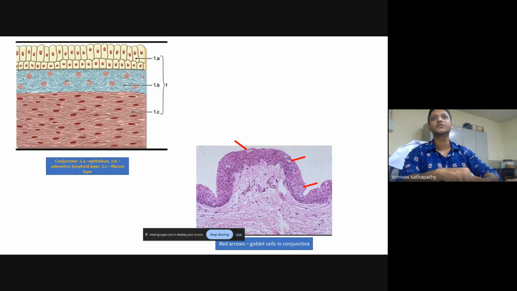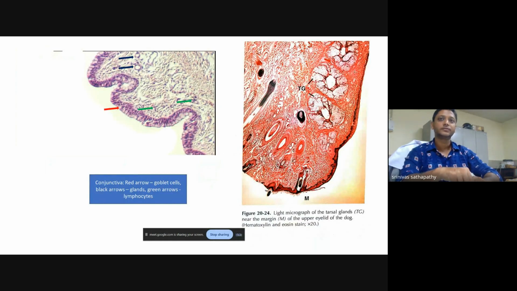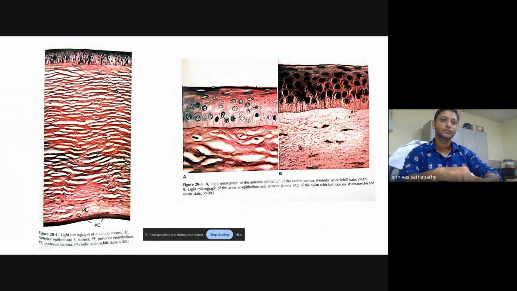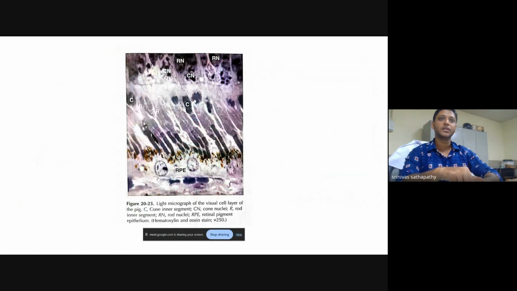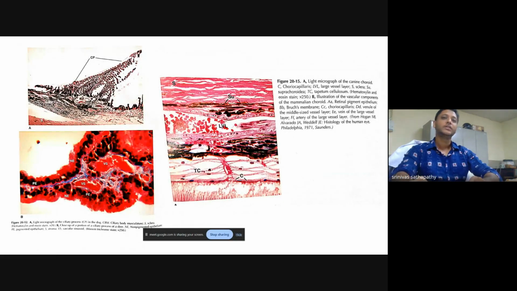These are some of the histological features of the conjunctiva. Then cornea, then ciliary body. Then you can see the TC layer. This is the choroid layer, TC layer. It is the reflecting layer, which is quite developed in nocturnal animals, which gives the glazing eye in the night.